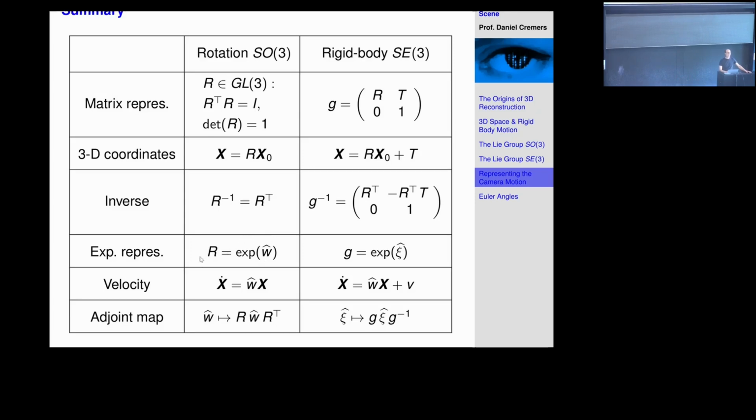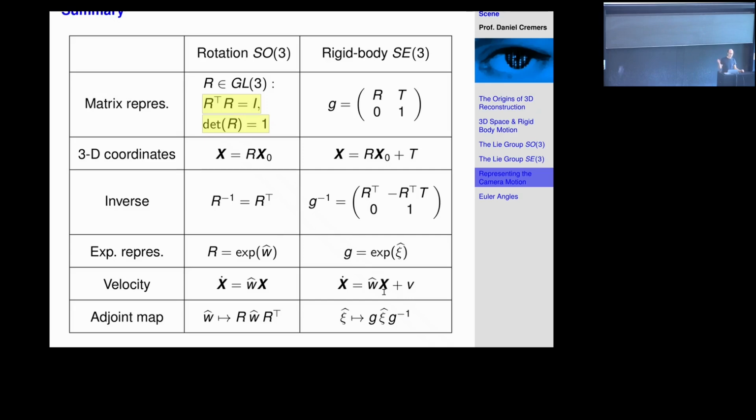Once you exponentiate, you get a matrix that is by construction a rotation matrix, meaning it has determinant +1 and it fulfills these constraints that you need to have fulfilled. And so that's nice because it allows you to parameterize rotations and hence also rigid body motions by these exponential coordinates, as they're called, and using the exponential map to get your group elements.